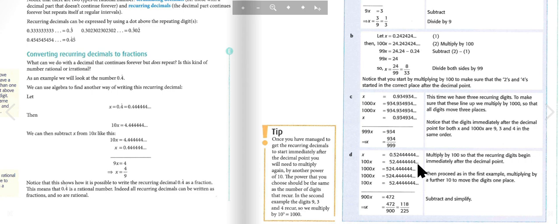So here you multiply by 100 so that the recurring digits begin immediately after the decimal point. Then proceed as in the first example, multiplying by a further 10 to move the digits 1 place. And then you subtract and simplify.